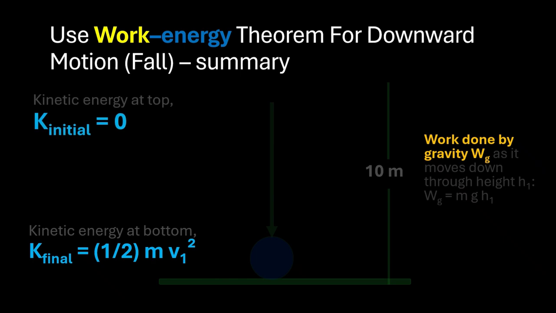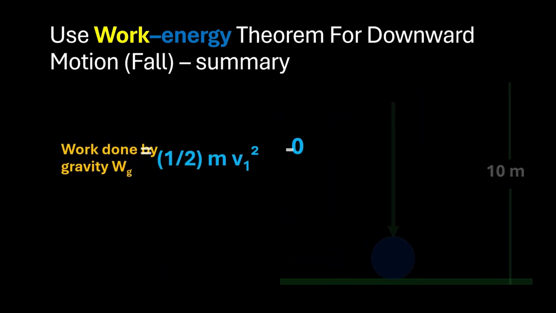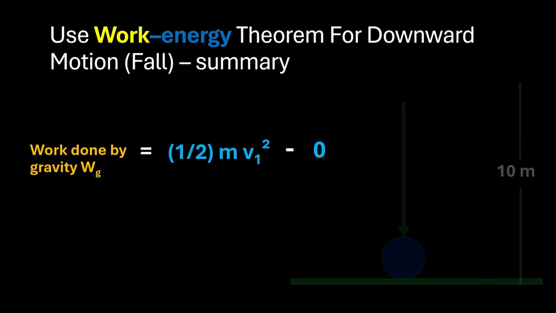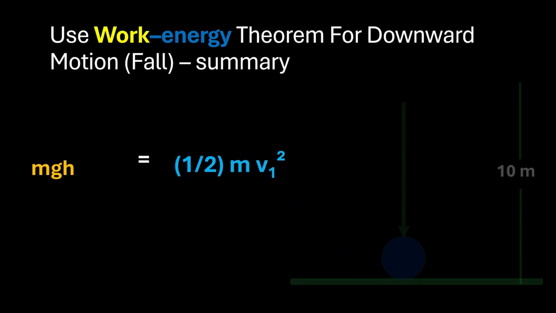So in the form of an equation, work done by gravity, Wg, is equal to half m v1 square minus 0, or work done by gravity is equal to half m v1 square. Now work done by gravity, which is Wg, is m into g into h, which is equal to half m v1 square. What is mgh?